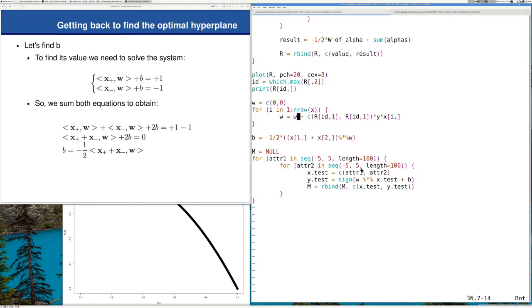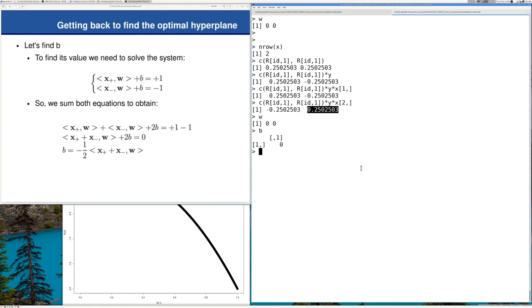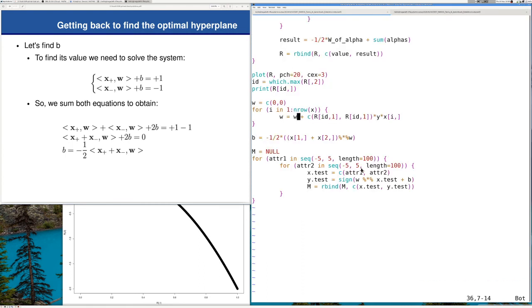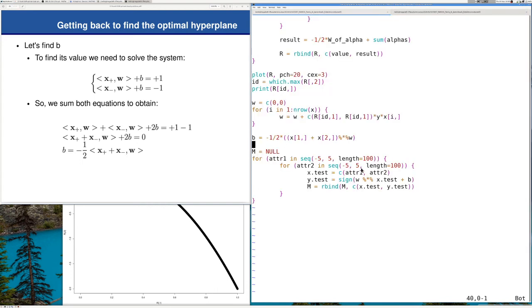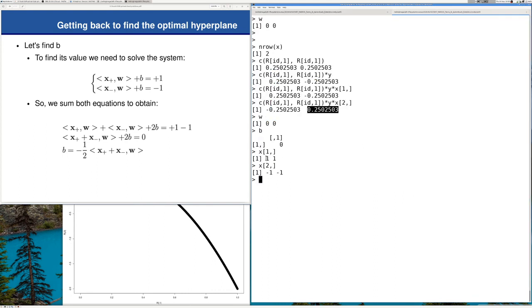Okay, that makes sense. What's going to happen with my B? Oh, it's 0 again. Let's see. X1 and X2. What is the result of X1? 1, 1. And X2, minus 1, minus 1. What happens if I sum up both? This plus this, 0. This plus this, 0. So it's going to be a vector of 0, 0. That's okay for now.